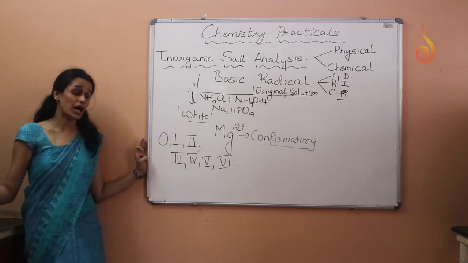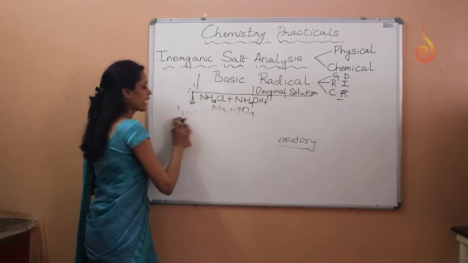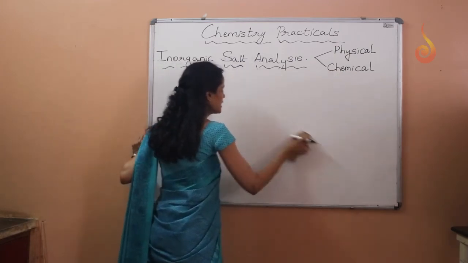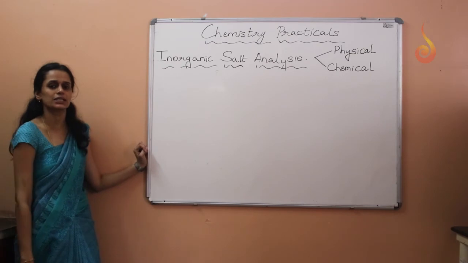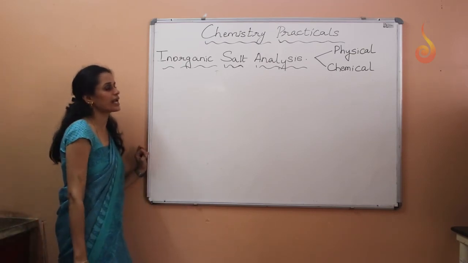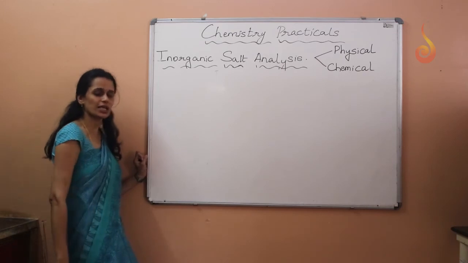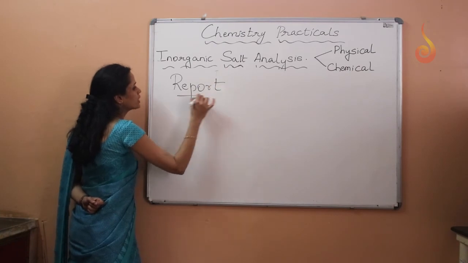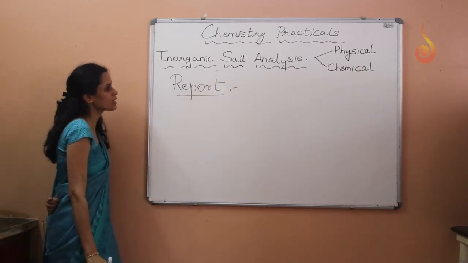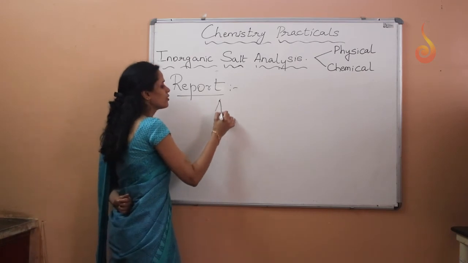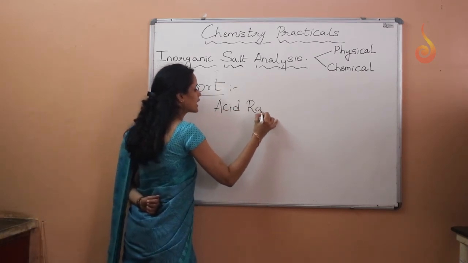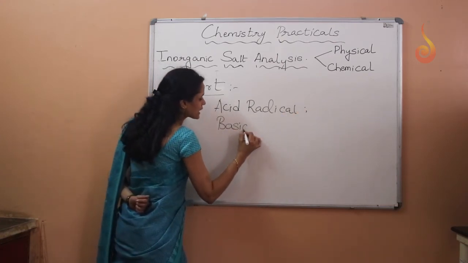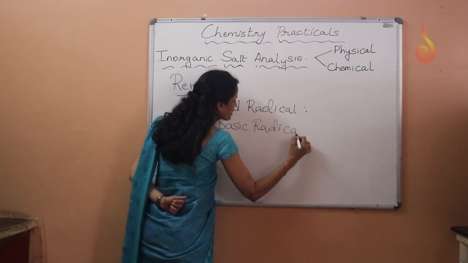So with that, we are done with the basic radical detection also. First we did the preliminary analysis, then we went for acid radical detection, then basic radical detection. Once we are done with everything, finally we have to report the given salt. What does this report mean? In the result, we will write what acid radical we identified and what basic radical we identified.